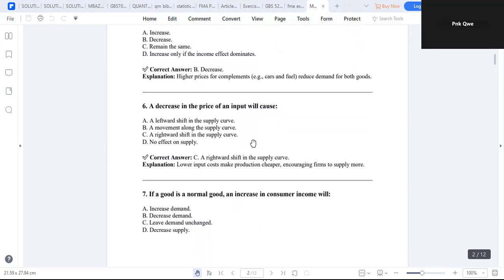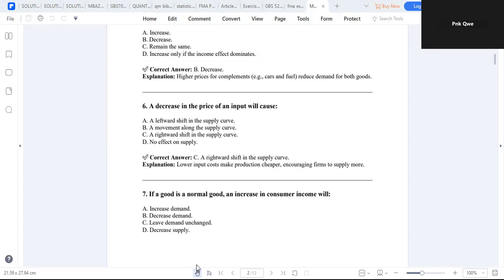Okay. Question number 6. A decrease in the price of an input will cause a decrease in the price of some good, will cause what? Here we must understand that lower input costs usually reduce production costs. Low input costs will reduce production costs, which in return will encourage producers to supply more.